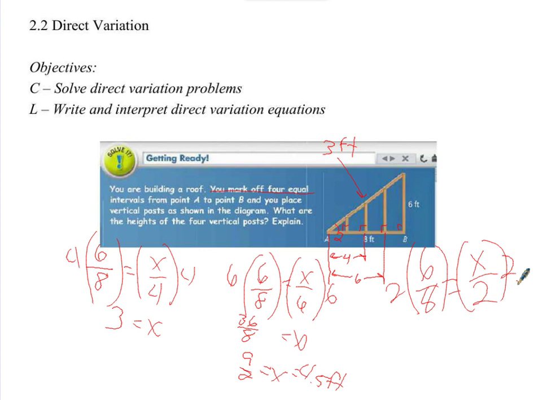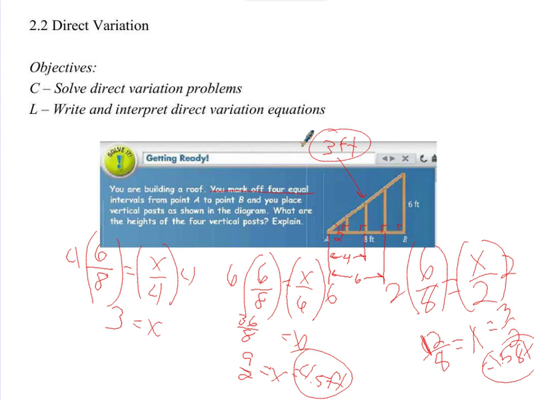And I get x on the right equals 12/8 on the left. Reduce that and you get 3/2. So x equals 3/2 feet. In other words, 1.5 feet. Four and a half feet, 3 feet. That answers the problem.